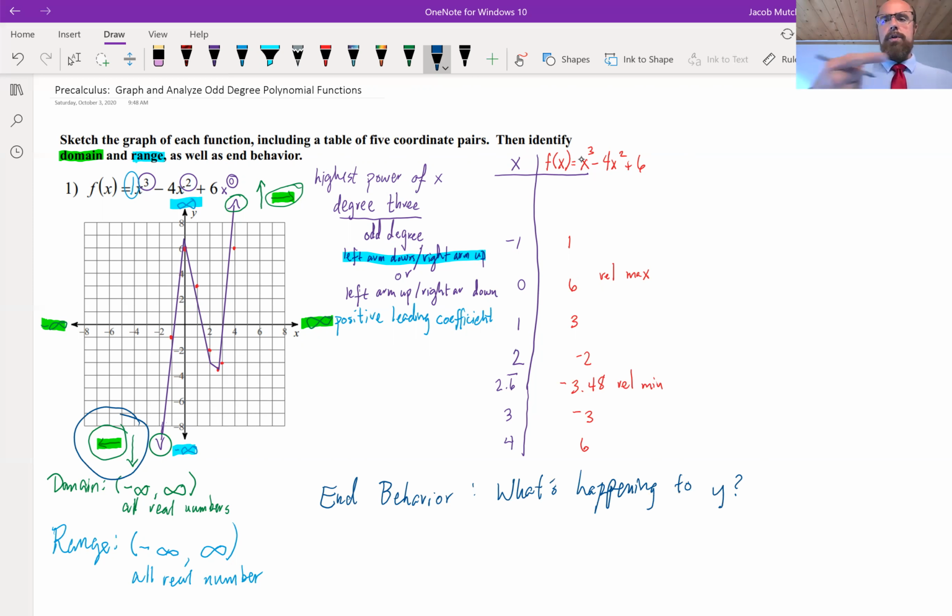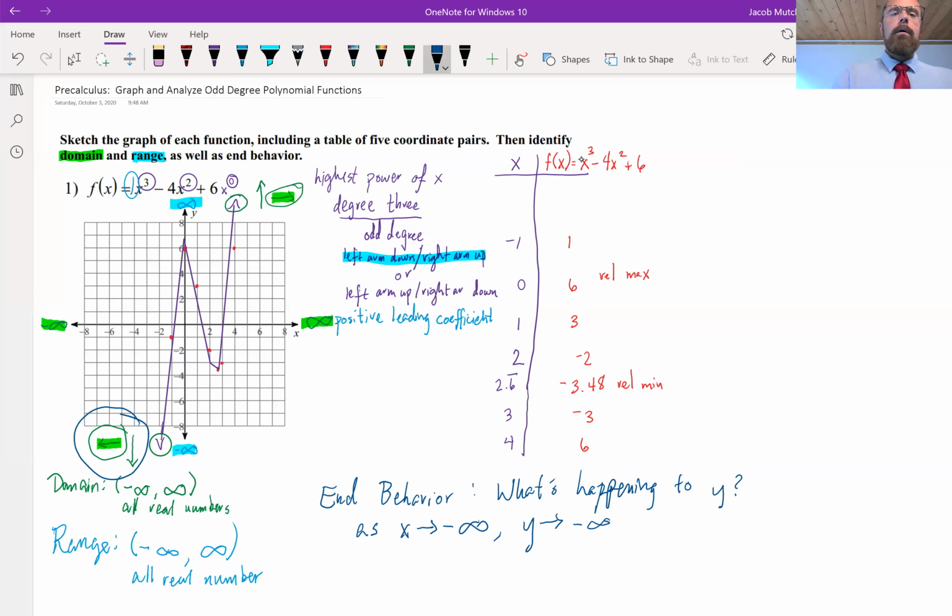So the horizontal arrow is pointing left. The way I would write that, as x approaches, left is negative infinity. The vertical arrow is pointing downward. So in terms of y, it would be approaching the downward direction, negative infinity.